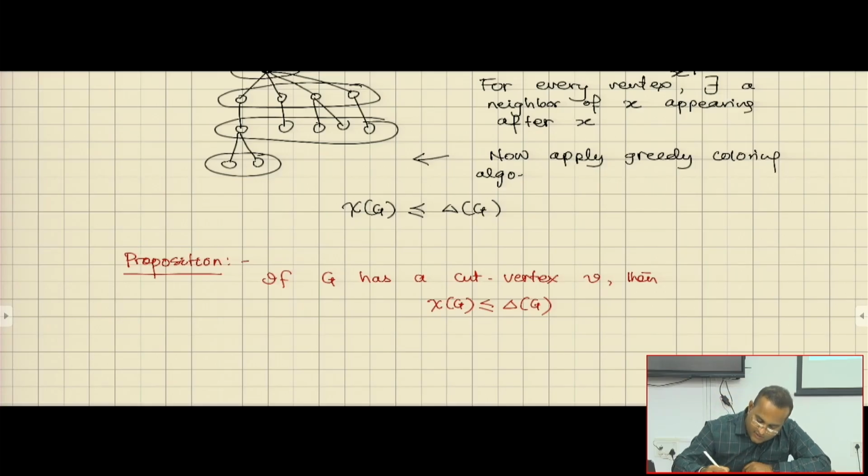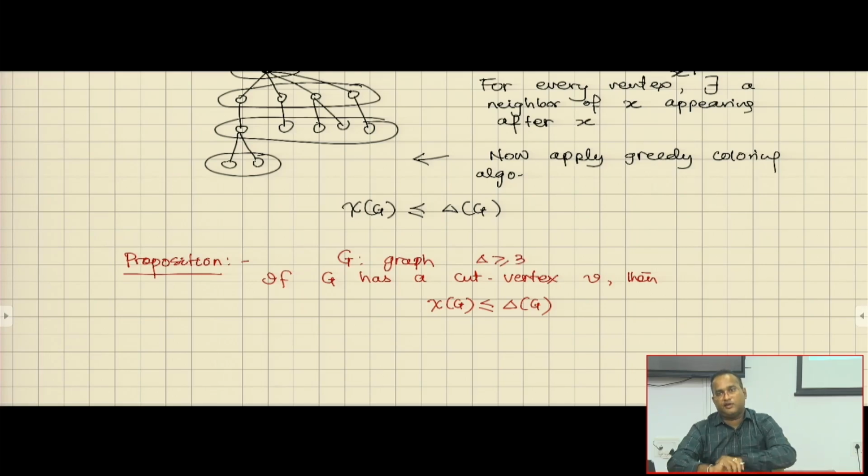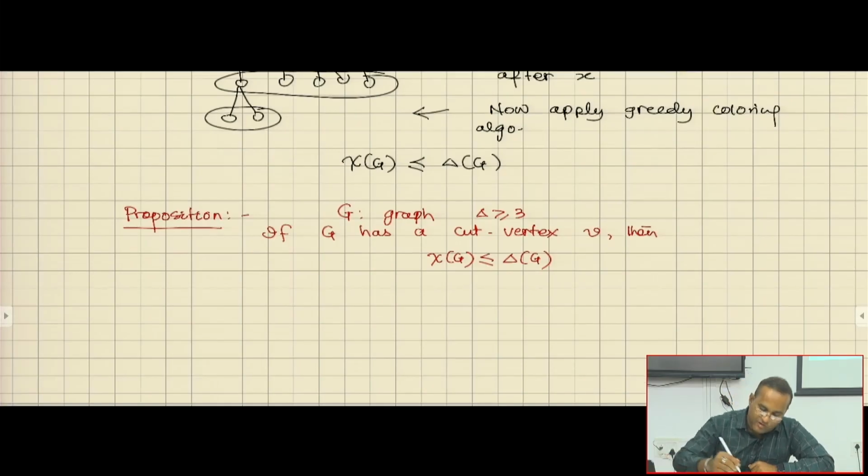So G is a connected graph with delta of G greater than or equal to 3. We will see what happens for delta less than or equal to 2, whether it is true, since it is having a cut vertex. Right, so let us say delta is greater than or equal to 3.